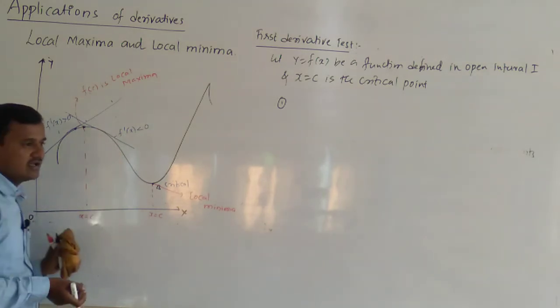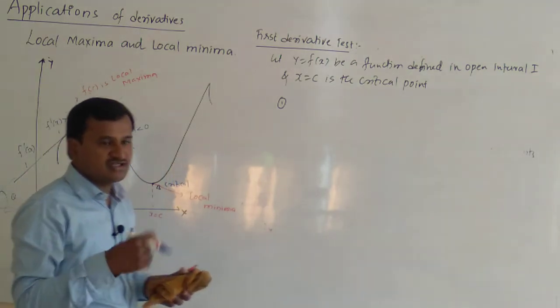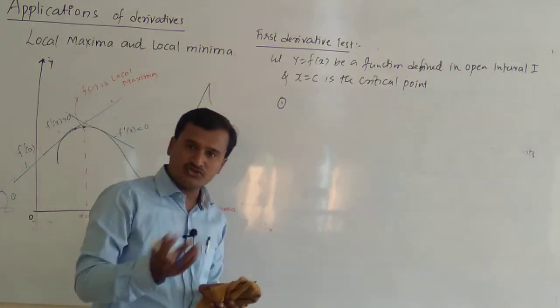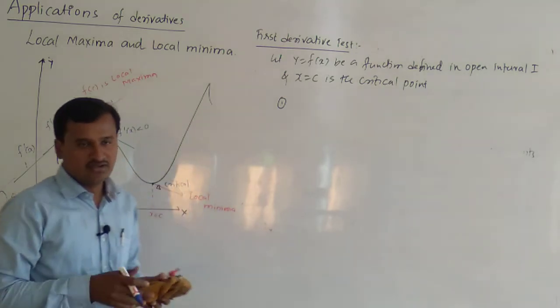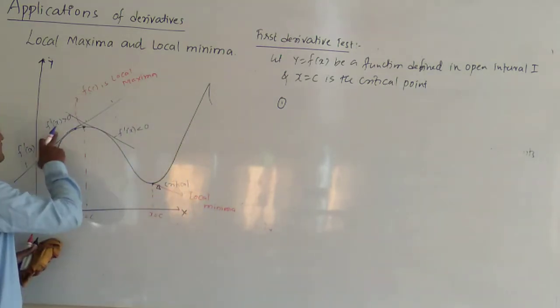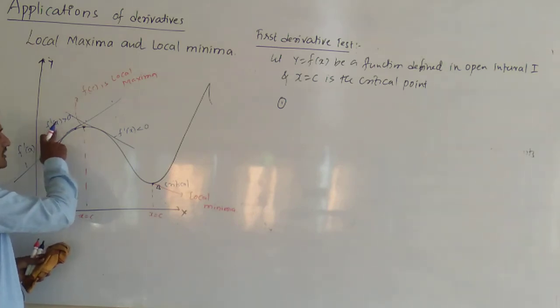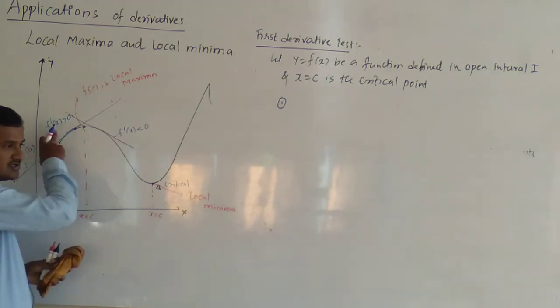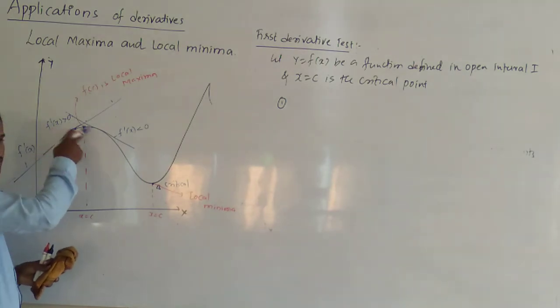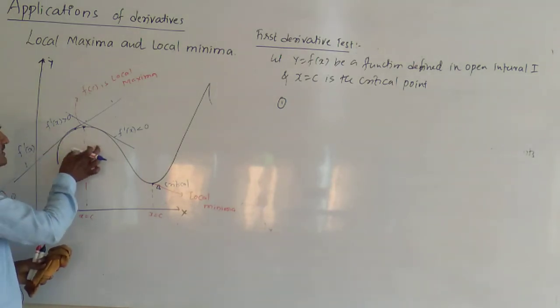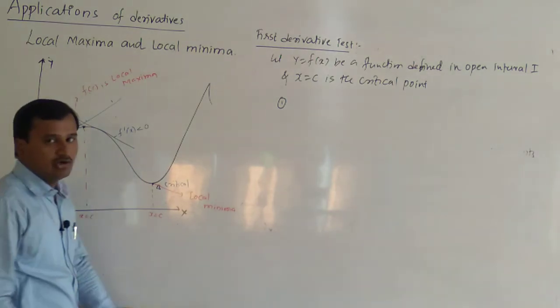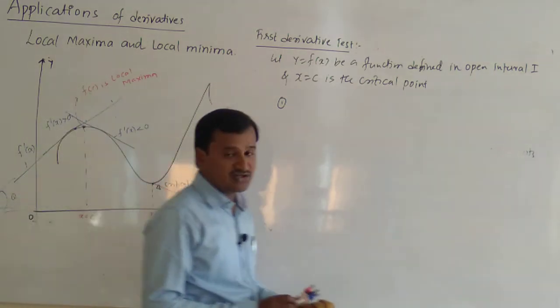It means that f dash of x changes its sign from positive to negative. If the sign of the function f dash of x changes from positive to negative, then in that case we are getting the local maxima of a function, right?